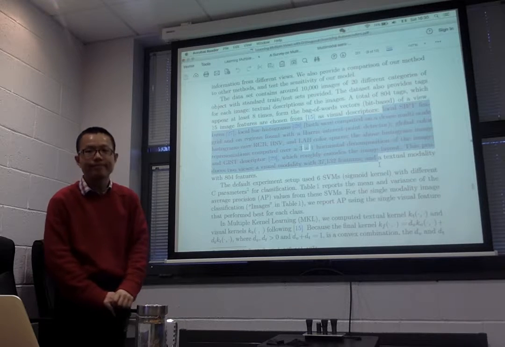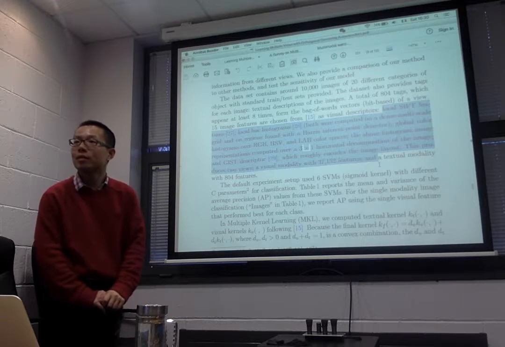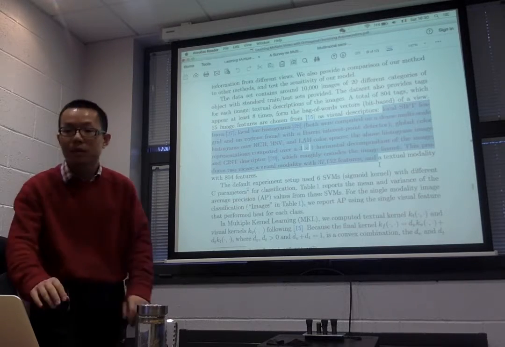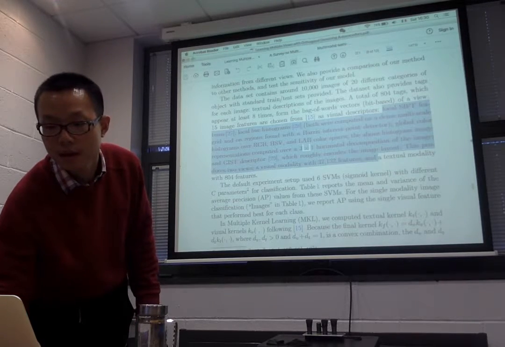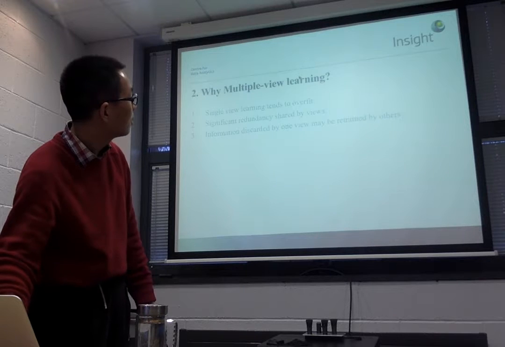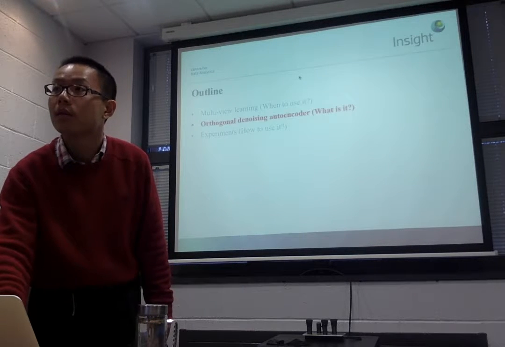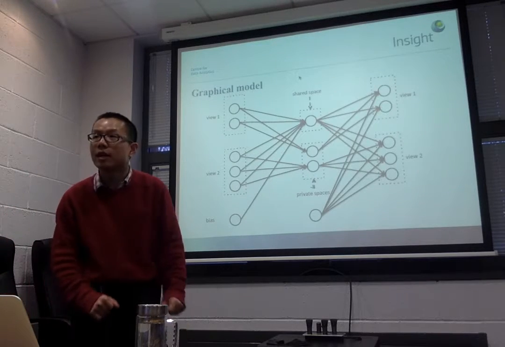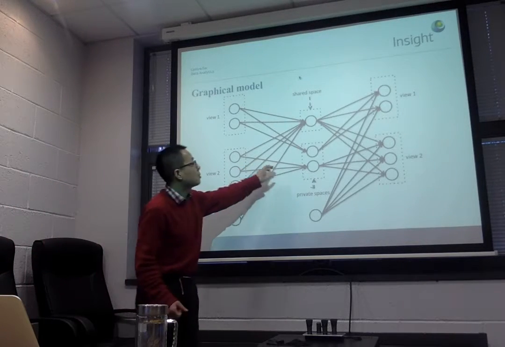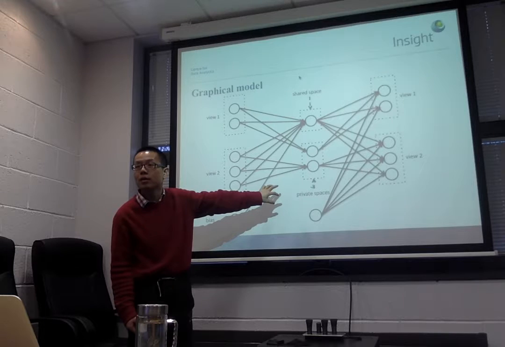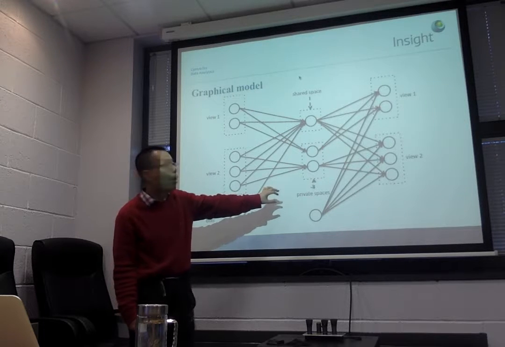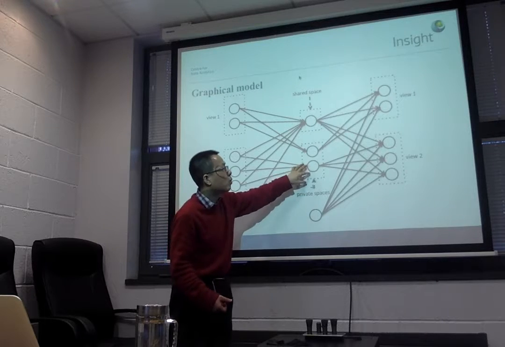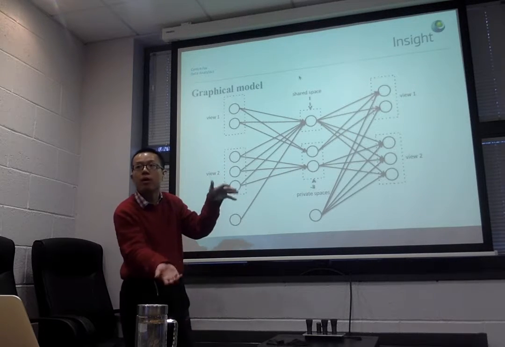Okay. I have a question about the private space and private layer. Does the dimension of that private layer depend only on the number of views that you have? The private space, the dimension of the private space is flexible. In this case it is 1, but you can say 2, 3, or more.